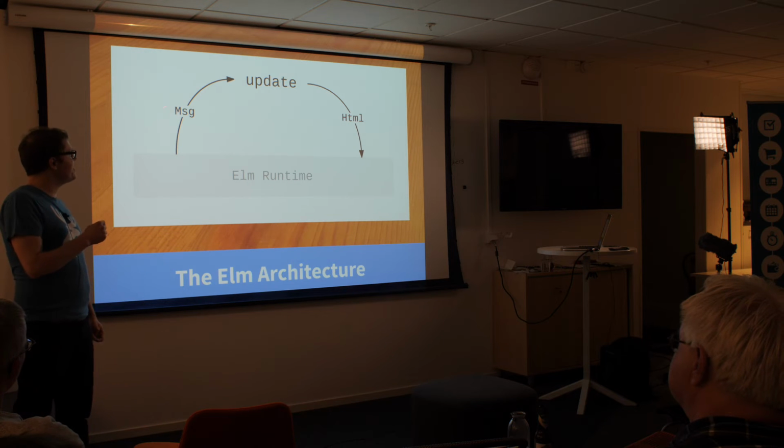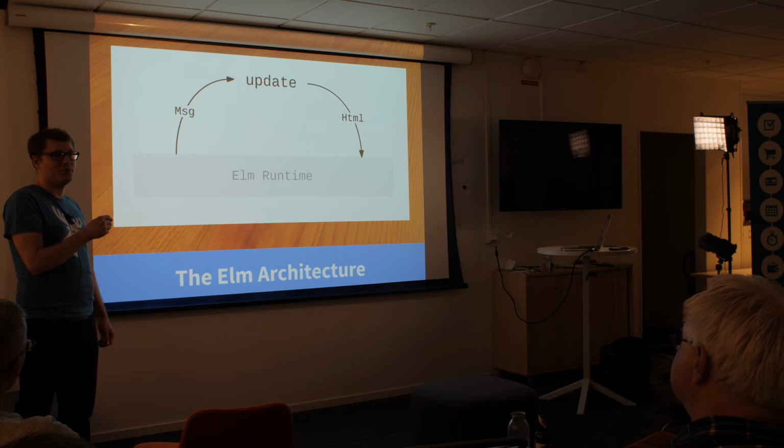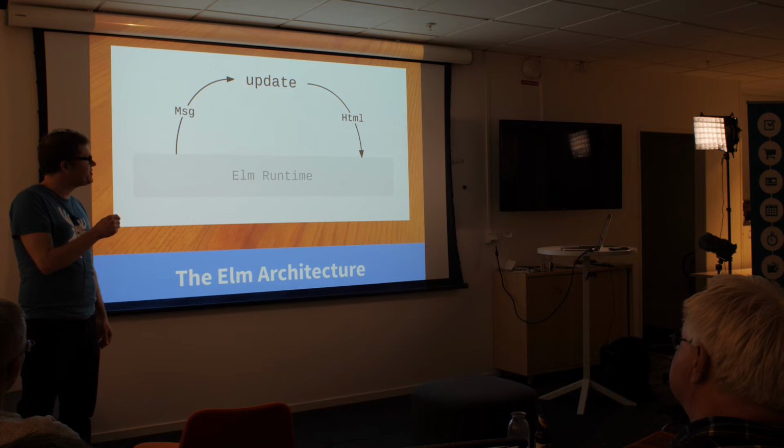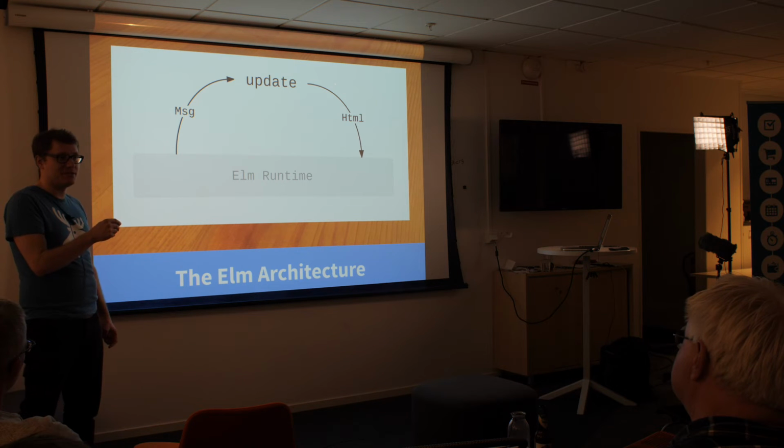It passes messages to your update function, and the update function is also getting your previous state, your previous model, and the purpose of the update function is to return the new model. That new model is being passed to the view function, and the view function basically replaces the main function you had earlier. So the view function returns your HTML nodes this time instead of the main function.